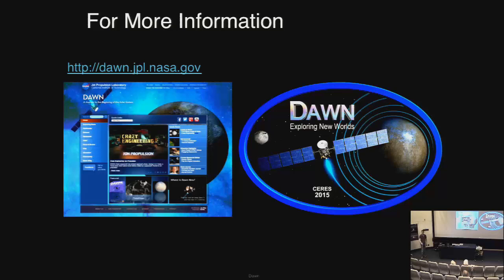Any questions? Oh, question up here, yeah. It looked like Ceres was in the asteroid belt most of the time, or at least a good amount of the time. So how dangerous is that for Dawn to not get hit by one of those? Right, yeah. This was a big source of concern when we were sending our first spacecraft through the asteroid belt, which I think were the Pioneer series of spacecraft.